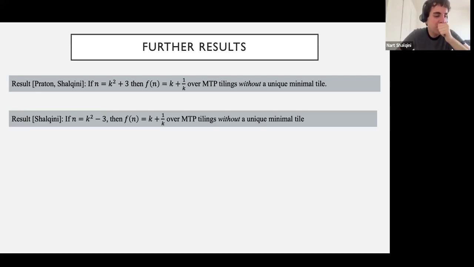I don't remember the details right now, but somehow if there is no unique minimal tile, you get to solve a system of Diophantine equations, and that makes everything nicer. But if you have a unique minimal tile, then your system of equations collapses, so you can't just solve it by number theory. You need more than number theory. Is that clear?